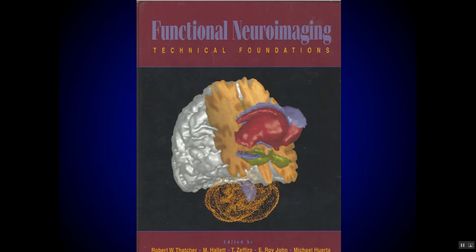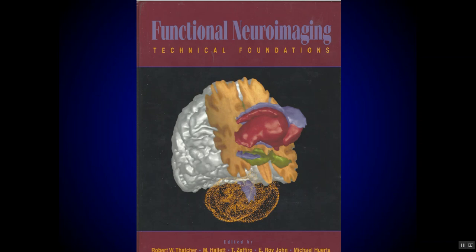This effort came out of the Human Brain Project that was initiated at NIH after President George H. W. Bush, the first President Bush, designated the 1990s as the decade of the brain.